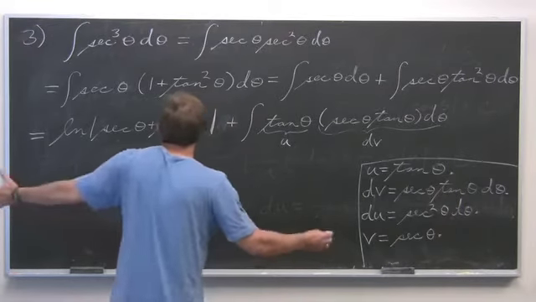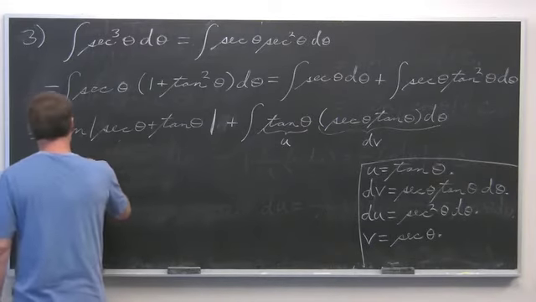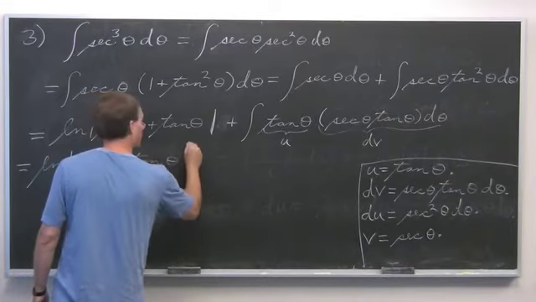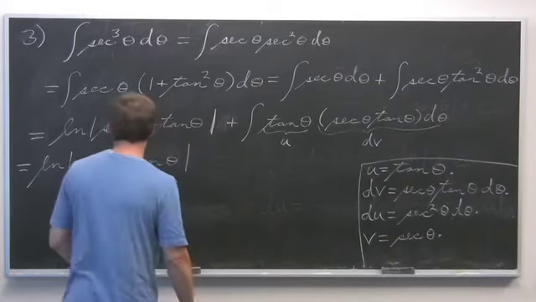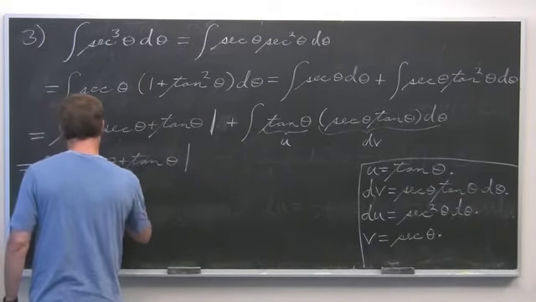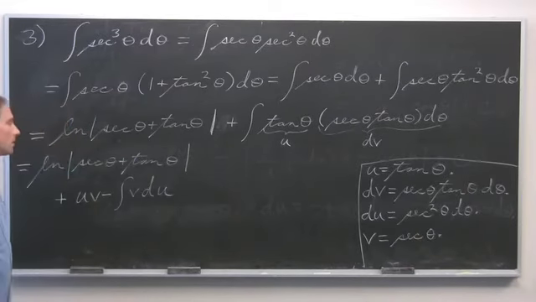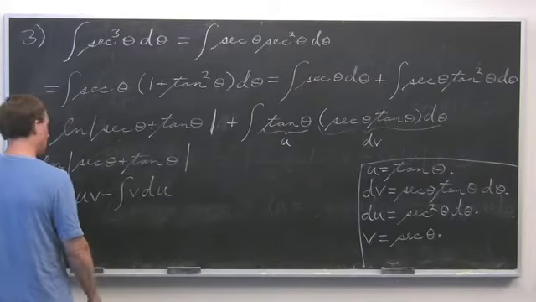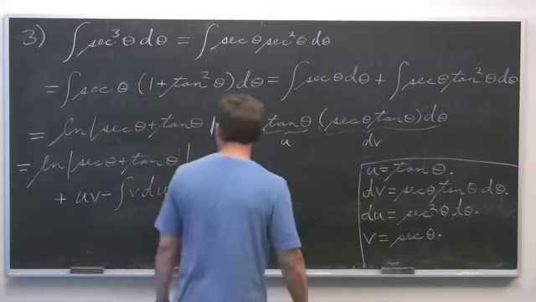Okay, so what does this tell us? So we've got the natural log of the absolute value of secant theta plus tan theta. And then you've got this, which is the integral of u dv. Integration by parts says that that should equal u times v minus the integral of v du. Okay, well what is this? u times v is tan theta times secant theta.